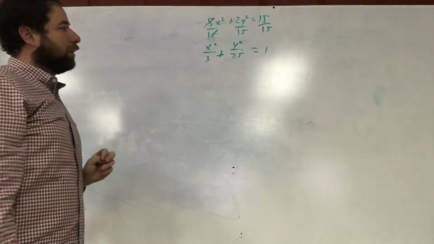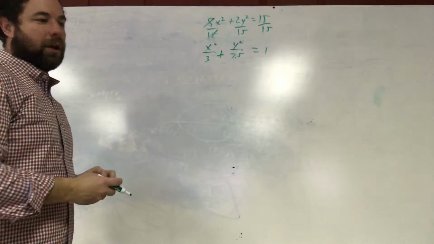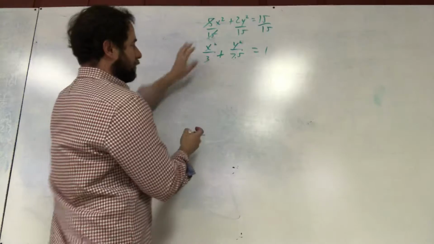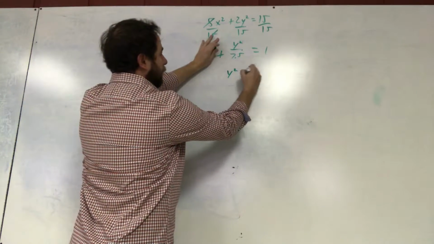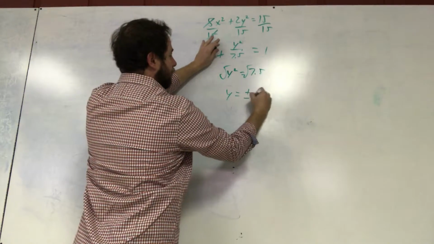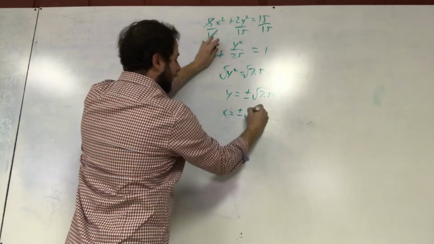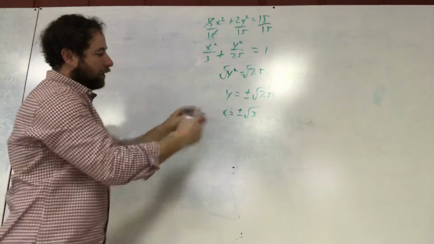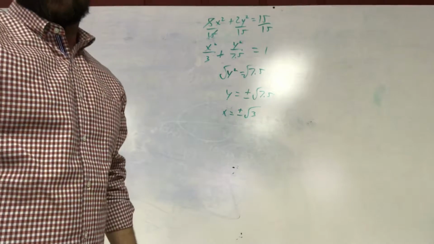So when you plug in 0 for x squared and y squared, you're going to get radicals. If I plug in 0 for x squared, then I multiply both sides by 7.5, I actually get a radical of positive or negative 7.5. And when I plug in for x, I get a radical of positive or negative 3. So then we graph those just like we graphed the other ones in the last example.